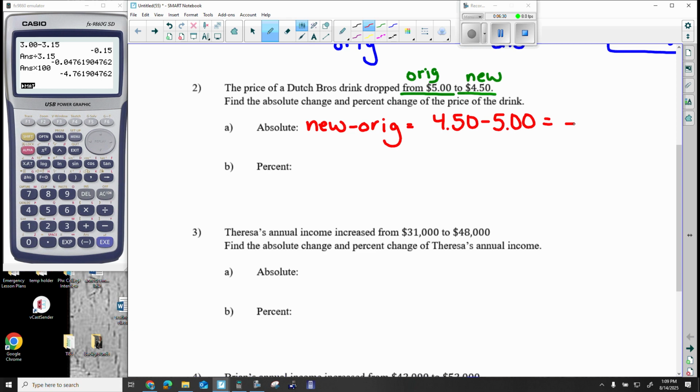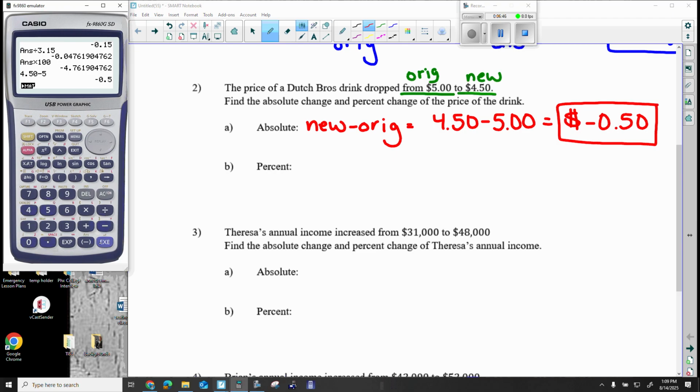And so that will be negative 50 cents. It went down 50 cents. Also, 4.50 minus 5, on your calculator you would get negative 0.5, but we know that this is money, so don't express money as a single decimal. When there is a missing decimal, fill it in with a 0, if you're specifically talking about money.